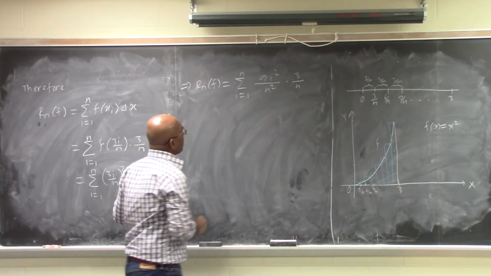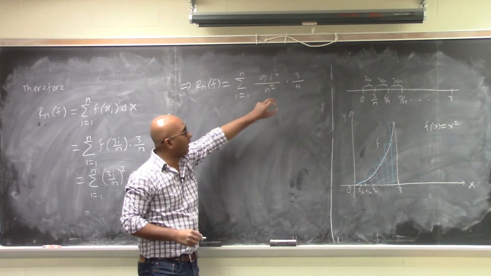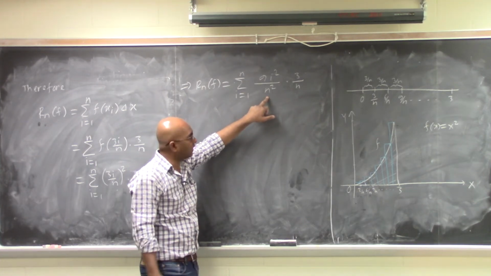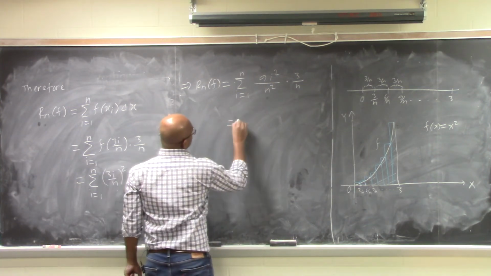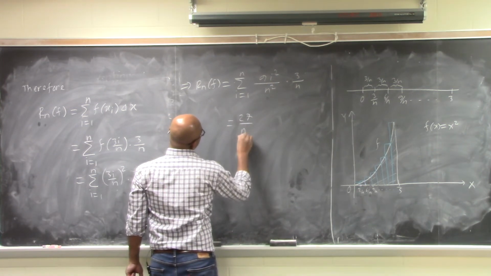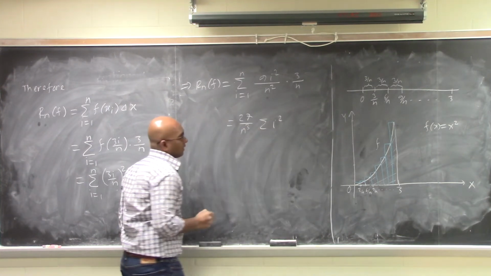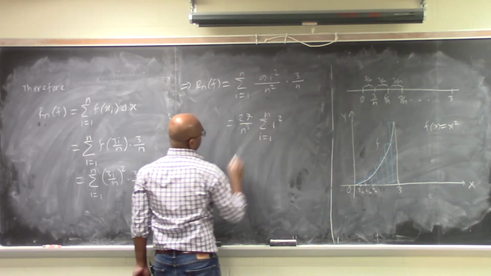Now notice this summation is happening on i. n is fixed here. n is the number of subintervals we started with. That's fixed. 9 times 3 is 27, that's also fixed. So we can just factor that out. So 27 over n cubed, and then here we are left with the summation of i squared, where i goes from 1 up to n.